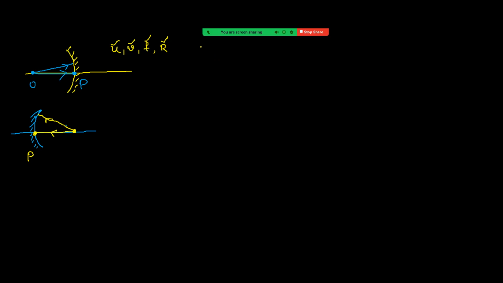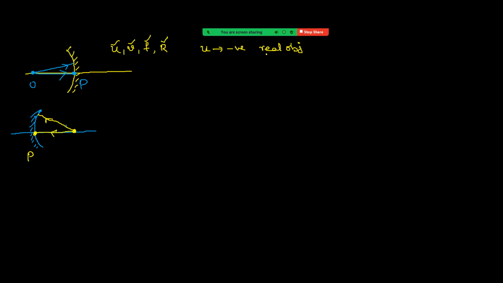So I am writing here: u negative for real object. If you see here, again the same. Light rays are traveling towards the left side, so left of the pole is the positive x-axis, and the object is on the negative x-axis. Again the same: u negative for real object.